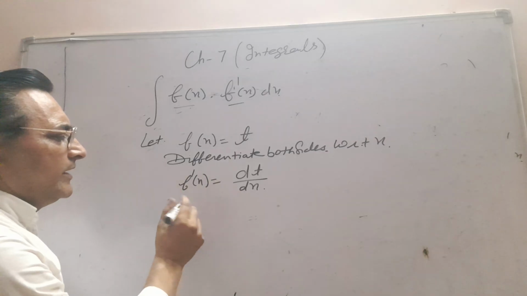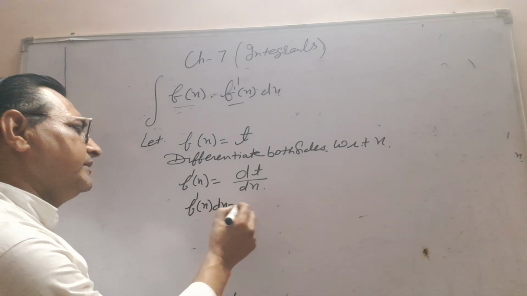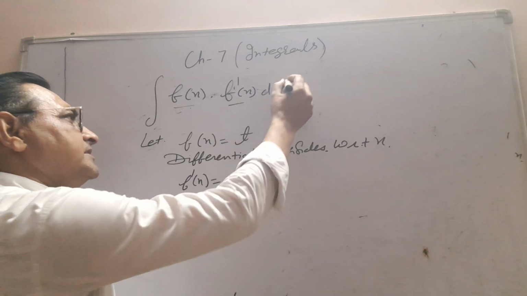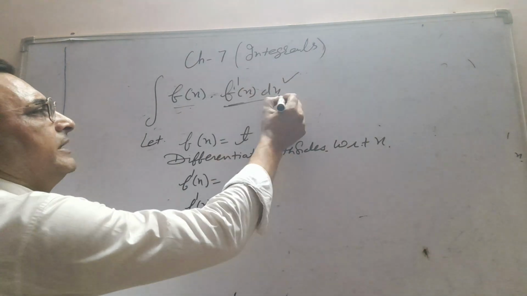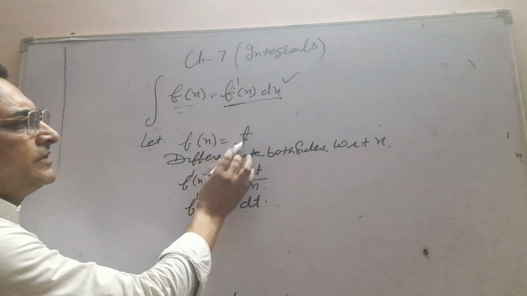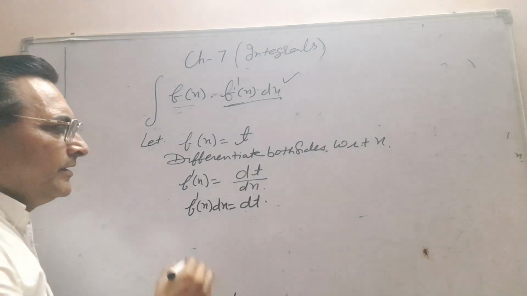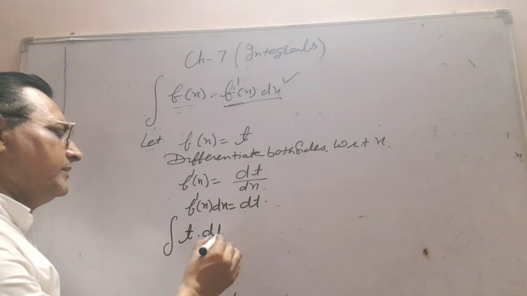I cross multiply there, this will be f dash x dx is equal to dt. Now look at this function f dash x dx. Its value will be dt. And f(x) will be t. So this function converts into t into dt.